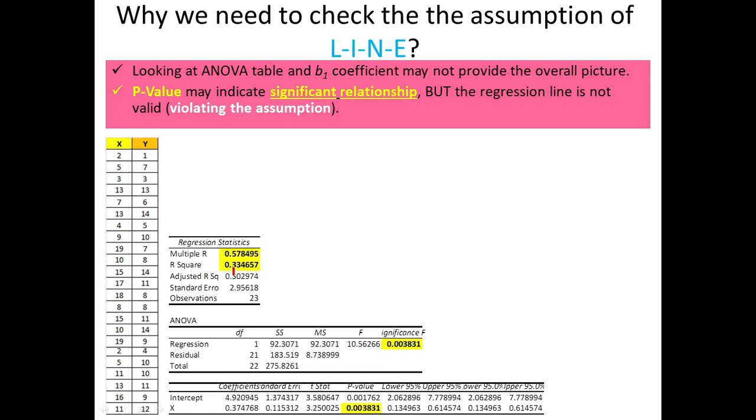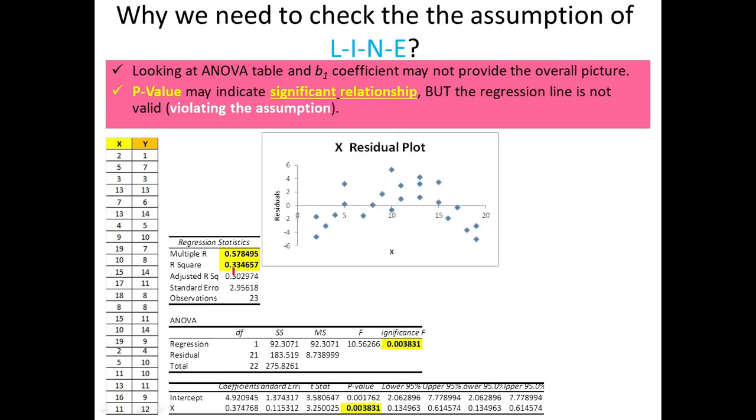We have to see the residual analysis. This is the residual plot that is produced together with the regression analysis. So we have to study the pattern. Are the blue dots above the zero line and below the zero line evenly distributed, or is there a special pattern?